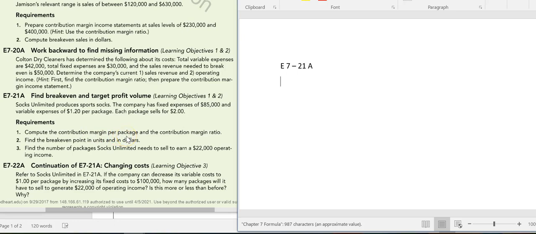So we're going to use the information for per unit or per package. So contribution margin per unit means what? It's your sales price per unit minus your variable expense per unit.